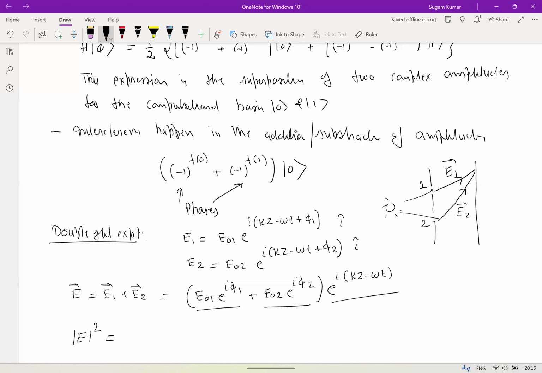And here you will get E01 whole square plus E02 whole square plus E01 E02 e power iota (phi 1 minus phi 2) plus E01 E02 e power minus iota (phi 1 minus phi 2).